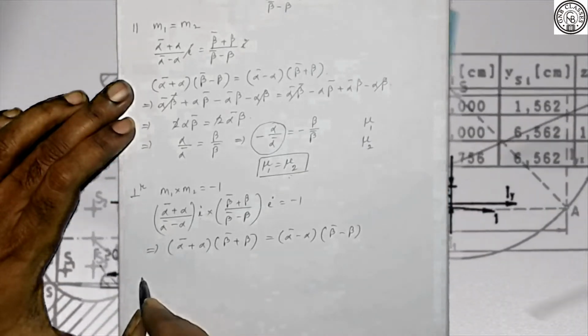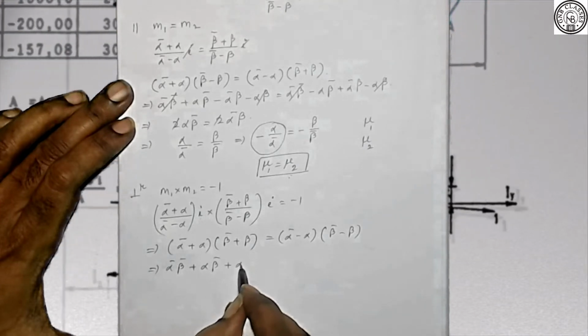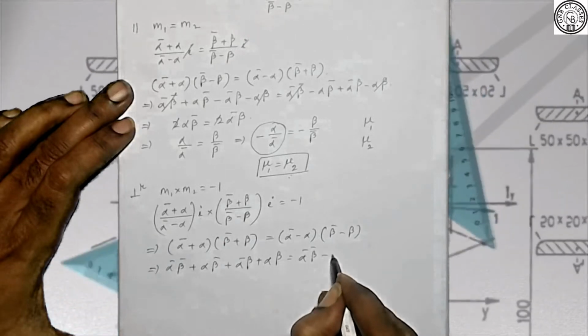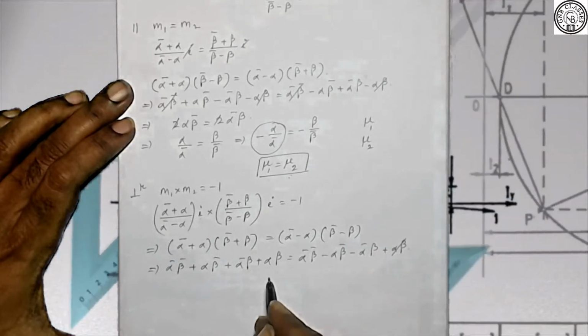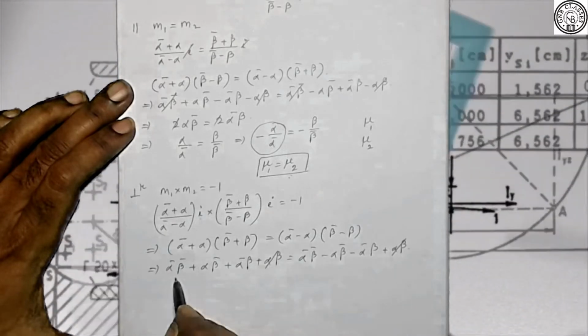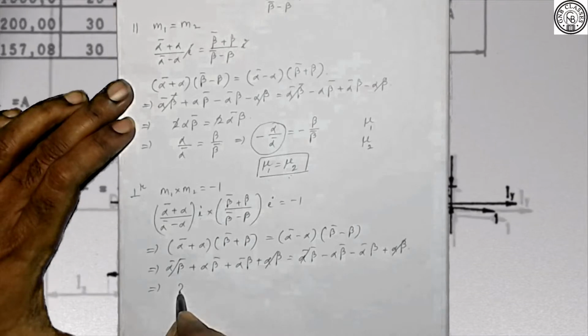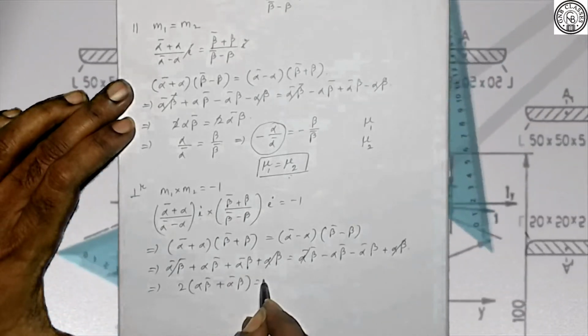Now let me simply multiply. It is simply multiplication. Look at it carefully. Okay. Now this goes off. What else? This goes off, right? So we are having basically 2 times alpha beta bar plus alpha bar beta equals to 0.